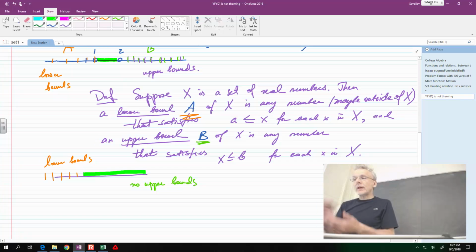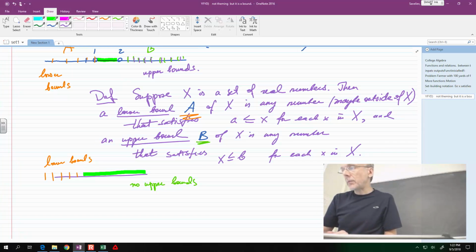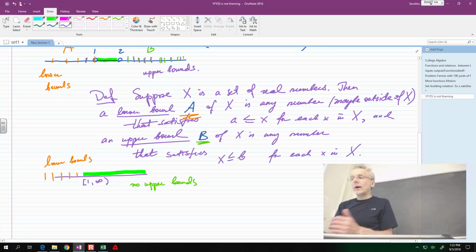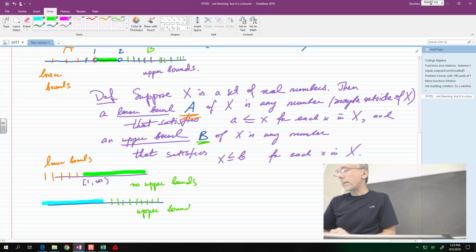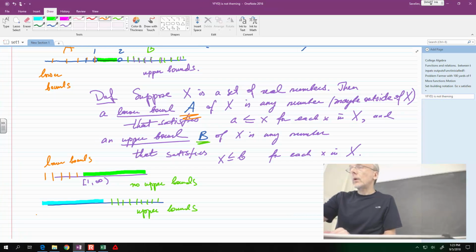Remember, say it might be from 1 to infinity. It has lower bounds, it does not have upper bounds, or vice versa, right? So I might have something like this, and my set looks like that. I have a bunch of upper bounds, all of these, and no lower bounds.